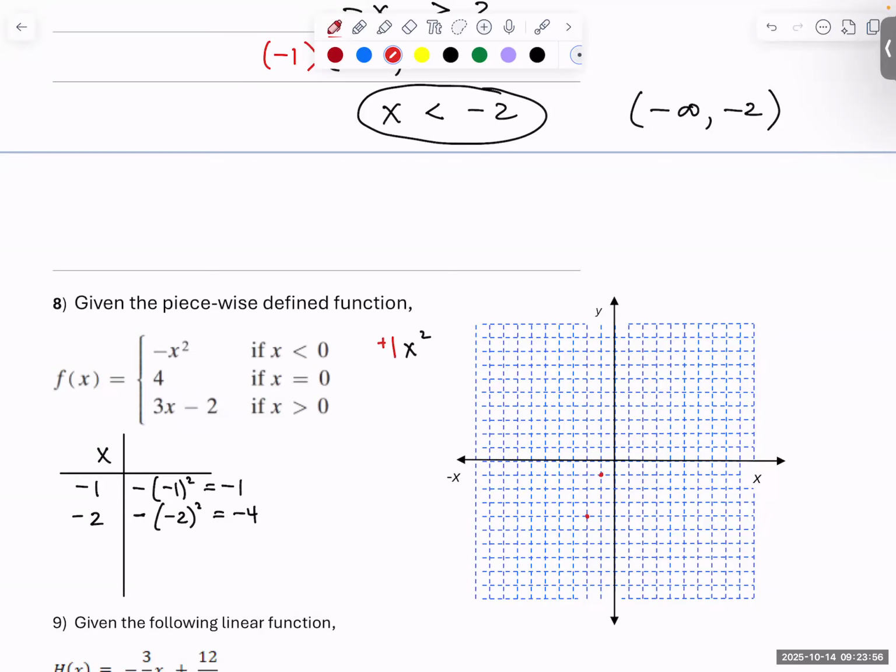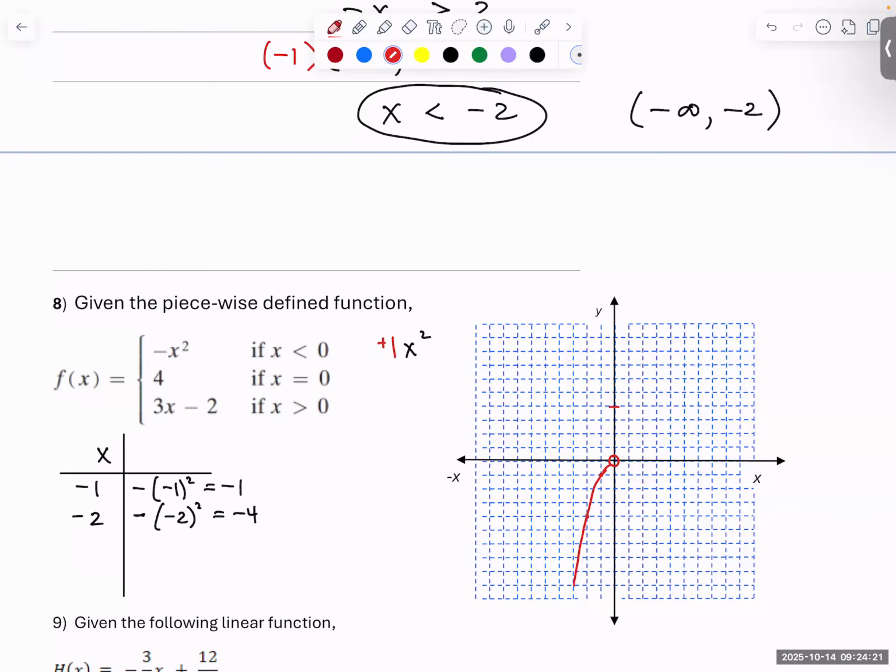And we know it's the left half of a concave down parabola, so we know the shape increasing, increasing, increasing, but x has to be less than 0, means we're going to have a missing point here, a hole in the graph at the origin. Now when x is 0, y is 4.